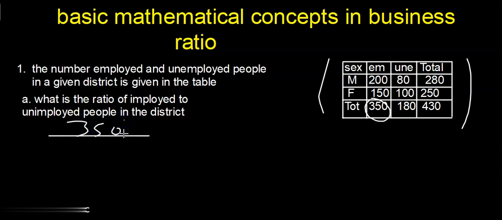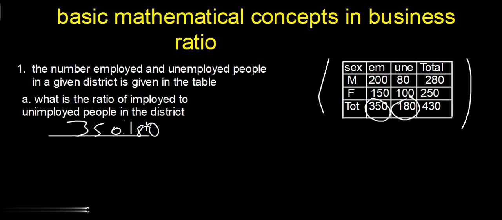Then, since it says employed and unemployed, we look at the unemployed number of people, which is 180. So my ratio will be 350 to 180.